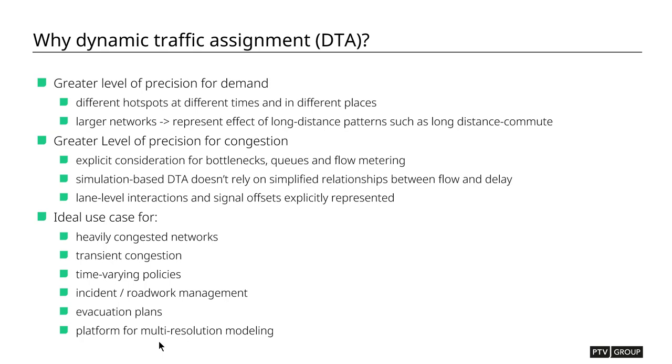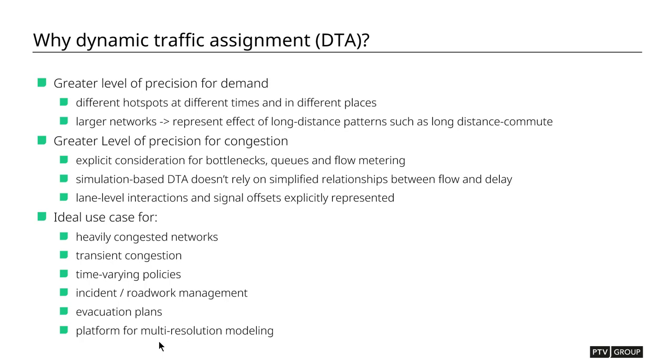The simulation-based DTA doesn't rely on simplified relationships between flow and delay, but considers the interaction between individual vehicles. And also the signal offsets are explicitly represented and affect the travel times in the network.